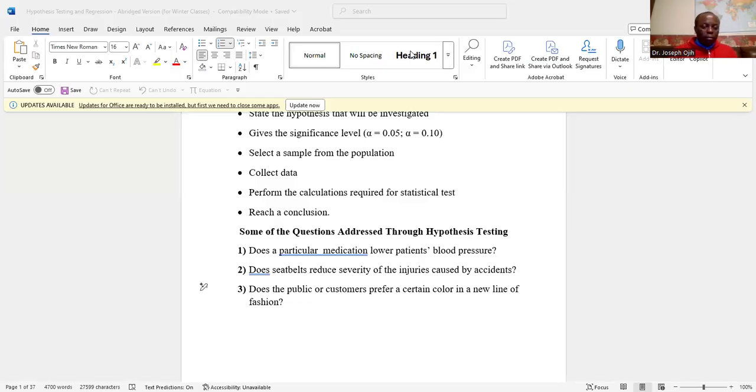Does the public or customer prefer a certain color in a new line of fashion? These kinds of questions might be educational, might be industrial. So we state the hypothesis, identify our claim, run the test, and either reject or fail to reject the hypothesis.